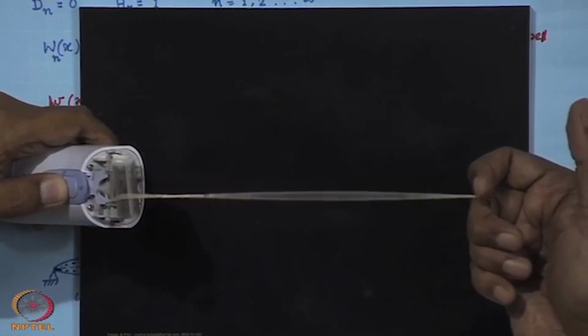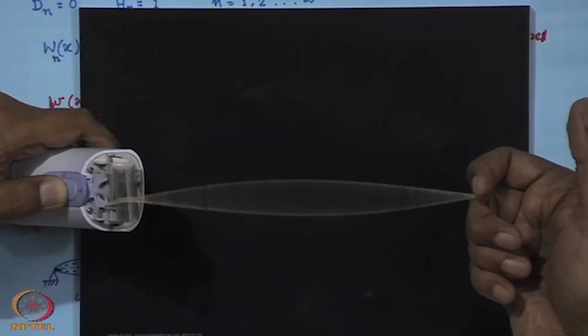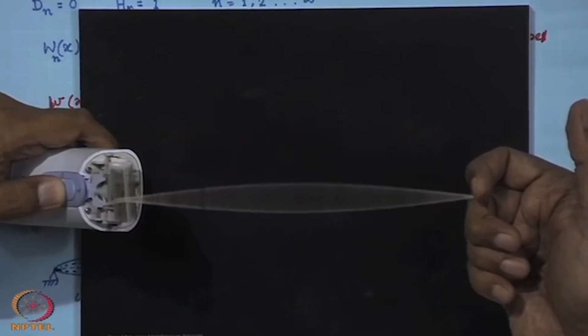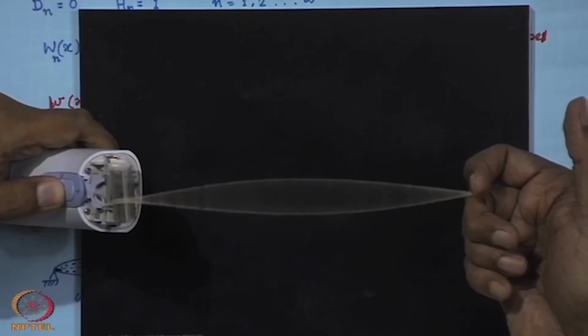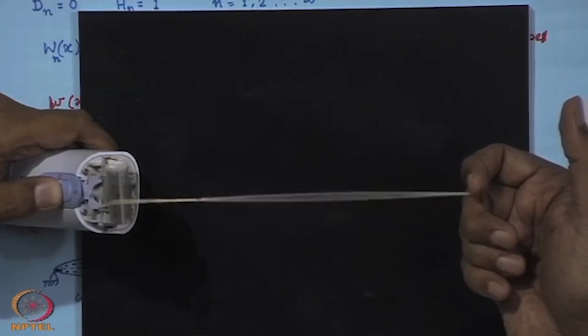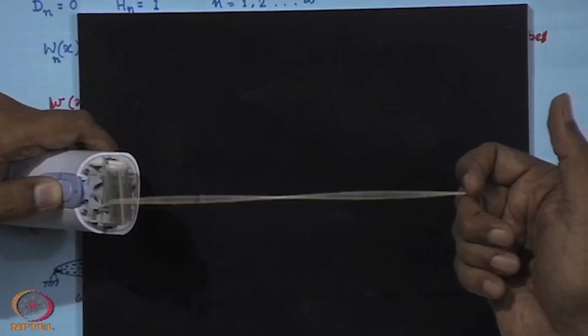So, this is the first mode of vibration of the string. This is how it looks when it is vibrating in the first mode. Now, let me try the second mode.